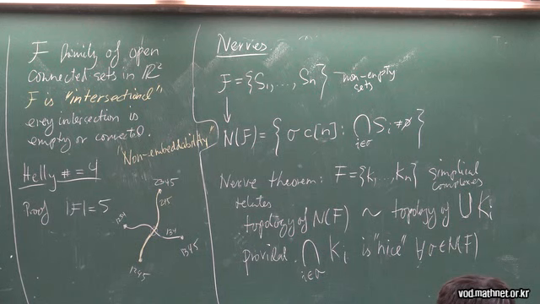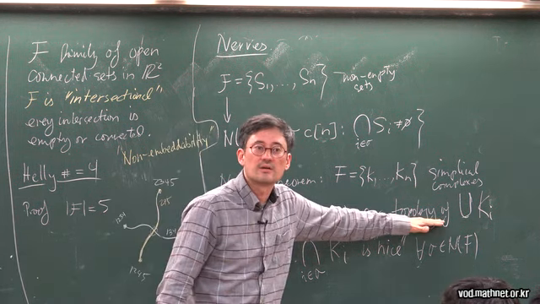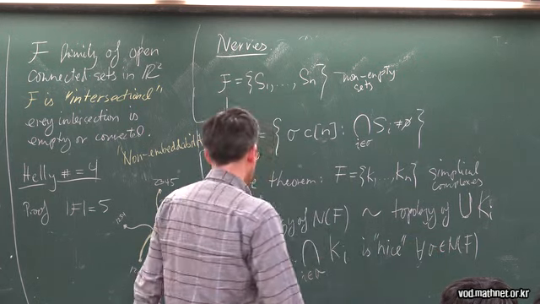It says that whenever something intersects, that intersection must be nice in some sense. And if the intersection is always nice, then you really get a relation between the topology here and the topology here. Right? What does nice mean?